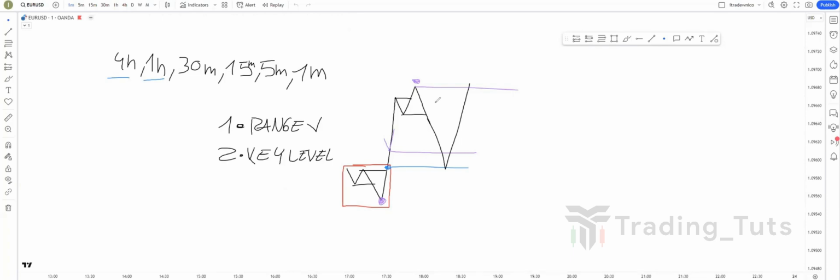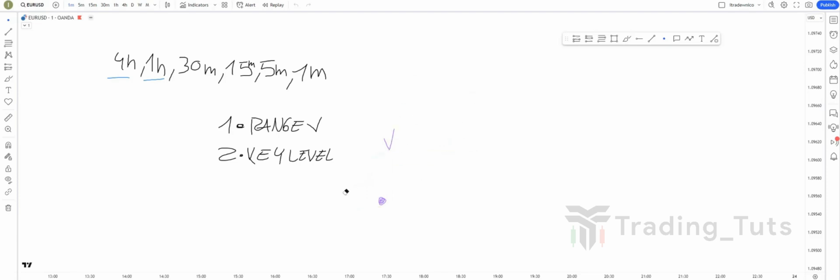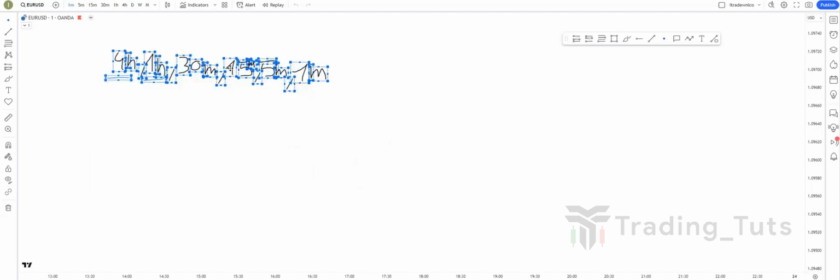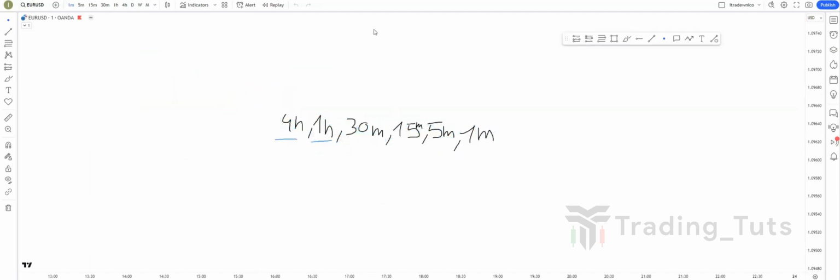We're gonna also know how to get our bias. As you can see, it's very simple. You do your markups from the high time frame. So let's put them all together right now. We have our high time frame, that's monthly, weekly, and daily.